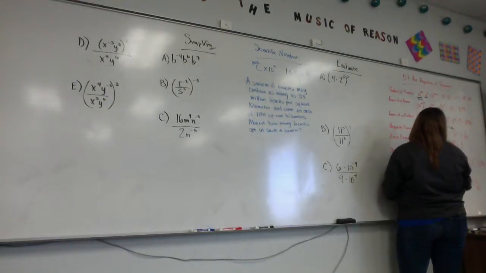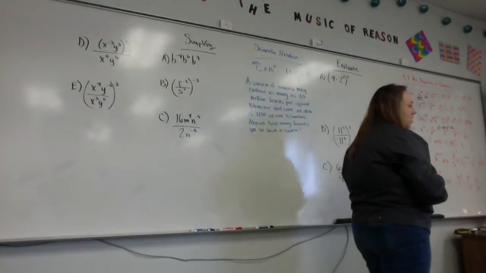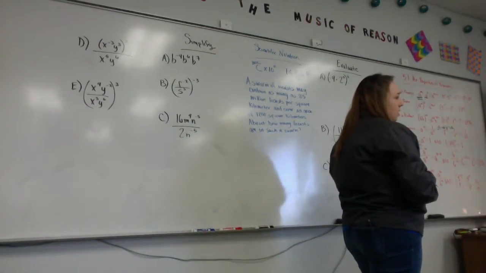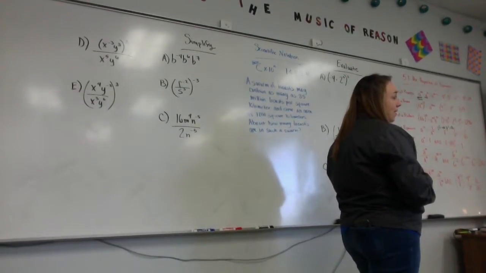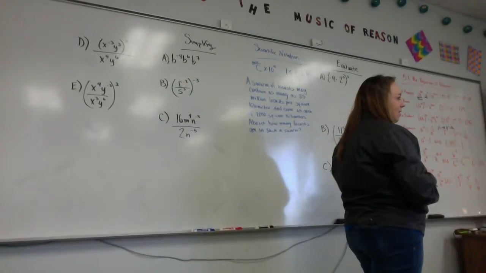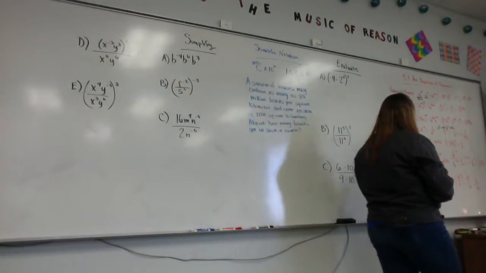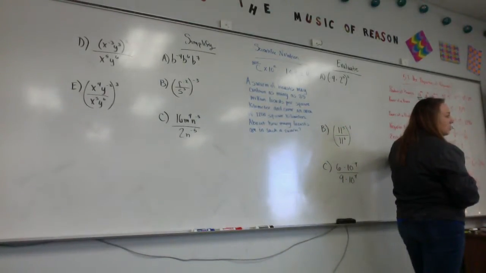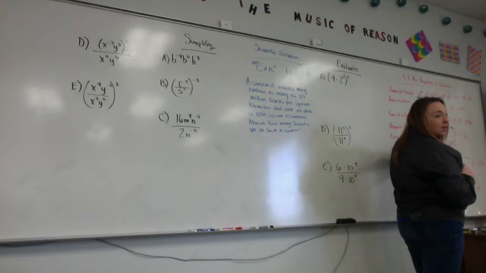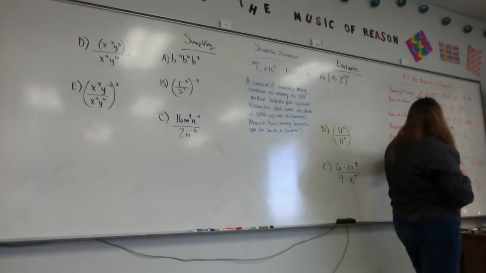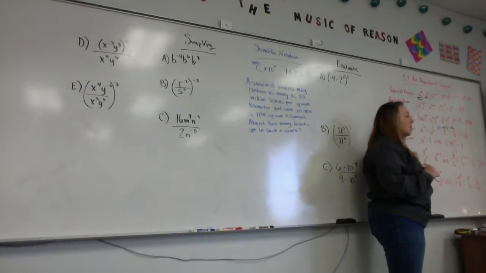A cannot equal 0. Why can a not equal 0? Because then we cancel out and then do 1. Well, no. Look, you have a fraction. What do you know about fractions and 0? I can't have a 0 in my denominator on a fraction, right?